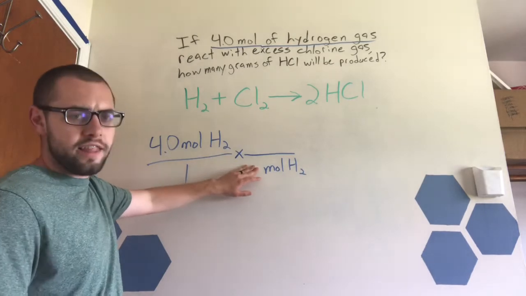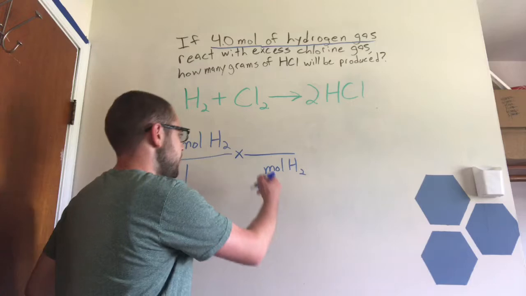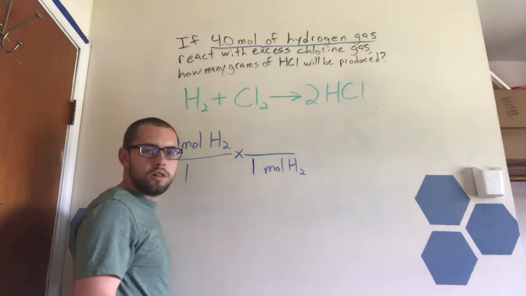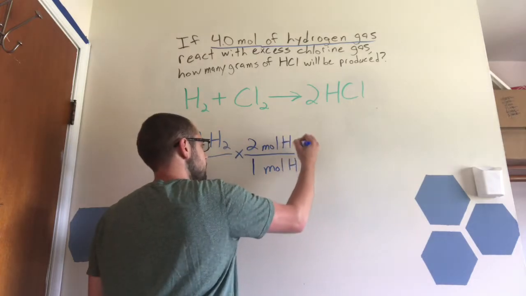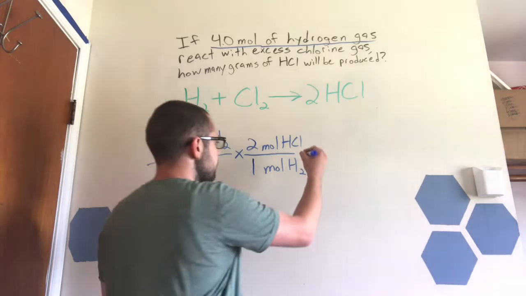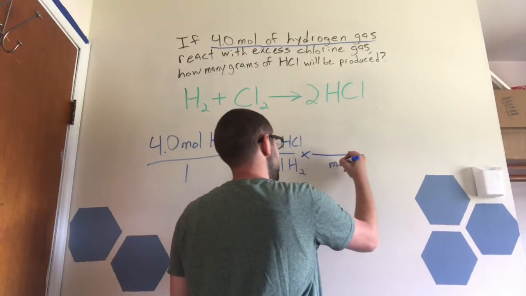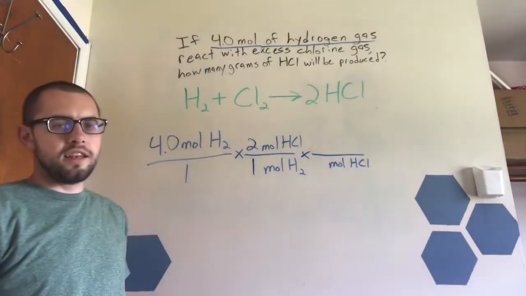And remember, I said that ratio. It's 1 to 2. For every 1 mole of hydrogen gas, I will produce 2 moles of HCl, hydrochloric acid. I can carry that unit down. And then I'm almost at the end here.